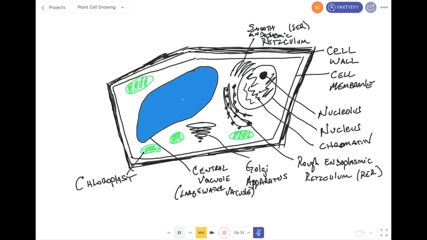Now, like an animal cell, plant cells also have mitochondria. So plant cells have mitochondria and chloroplasts.